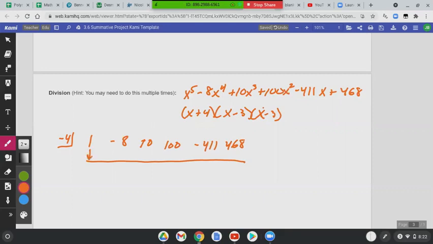So I'm going to bring this down, and then I multiply. And then I add, and then I multiply. And then I add, and multiply, so -232.